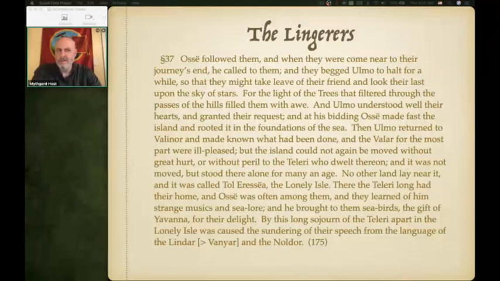Why couldn't they move the island? Oh, because it couldn't be moved without great hurt or without peril to the Teleri who dwelt thereon. Personally, I'm not enormously moved by that explanation, but that's not my point. My point is that I'm interested that he's giving that explanation, right?